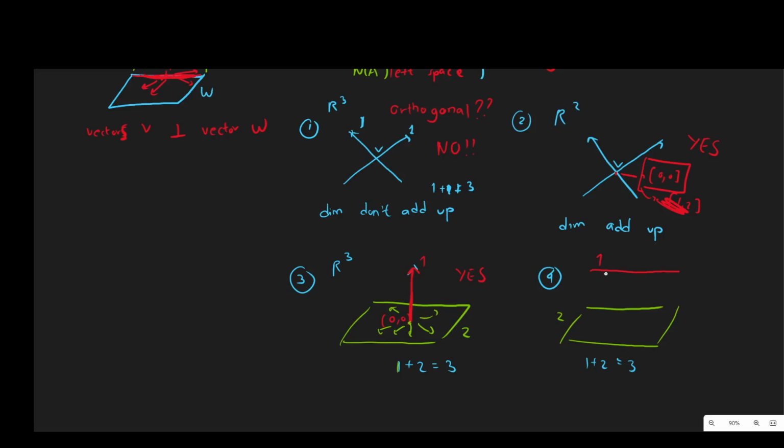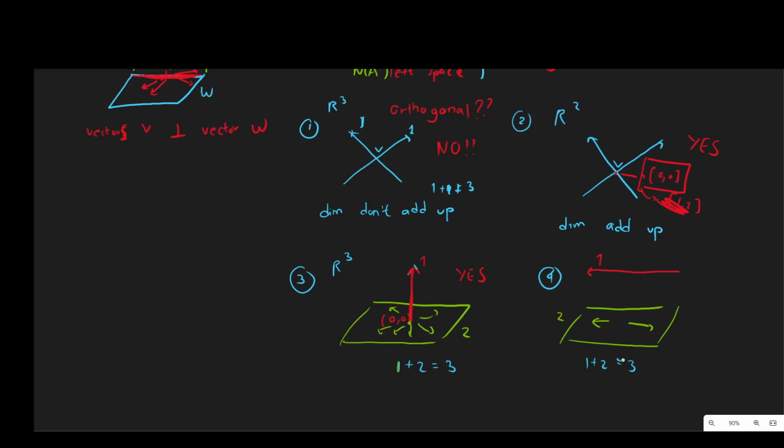What about the second one? Well, this is one example that I was thinking about when I saw this. What I was confused about at first is that the dimensions add up to 3, so 1, 2, 3. And clearly, geometrically, it does not look like they are orthogonal, because if I have a vector here and this one is clearly in the same direction as this one, they are not orthogonal.